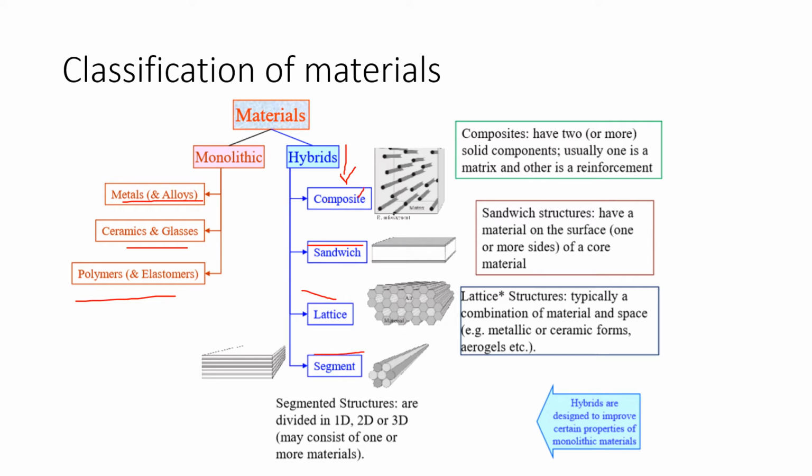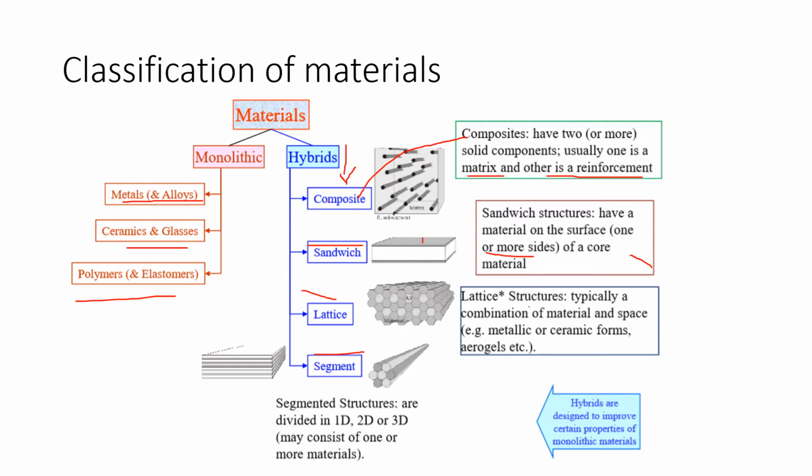Composites have two or more solid components, usually one is the matrix and the other is reinforcement. Sandwich structures have a material on one or more sides of a core material, as shown in this figure.